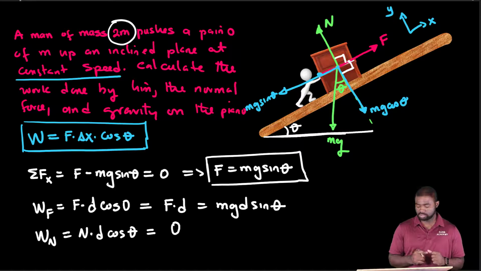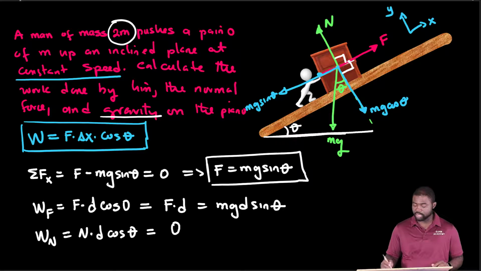Now the last thing that we need to do is to calculate the work done by gravity. Generally, the work done by a force F is equal to F multiplied by the displacement delta x, multiplied by the cosine of the smallest angle between the force and the displacement vector. Remember, the smallest angle.